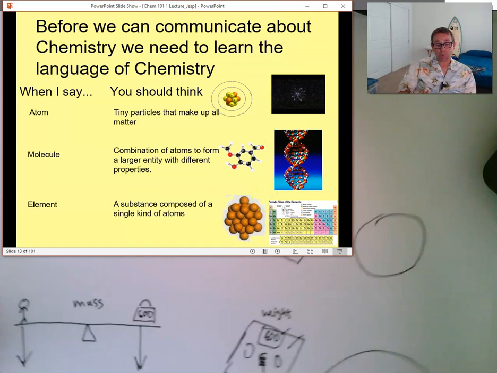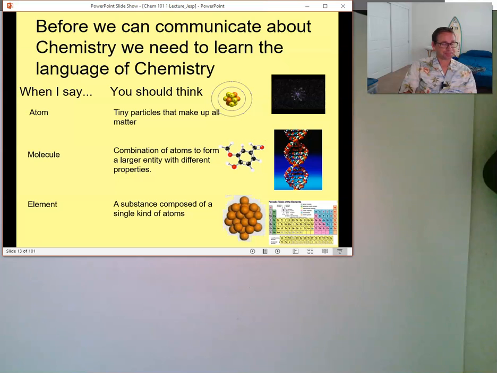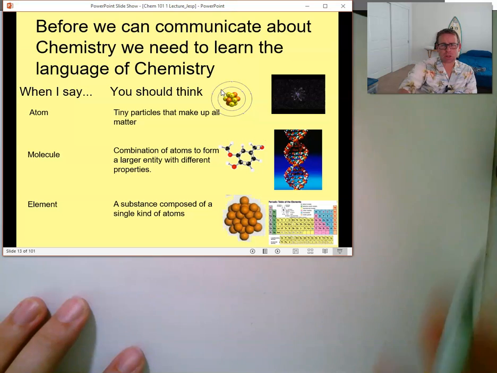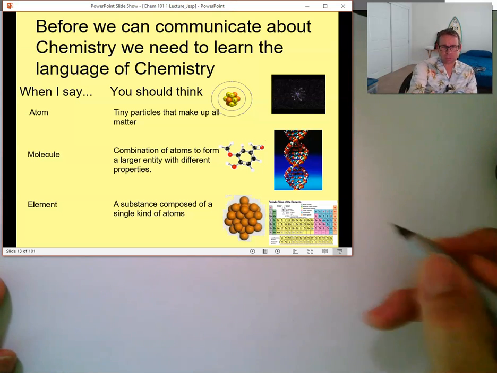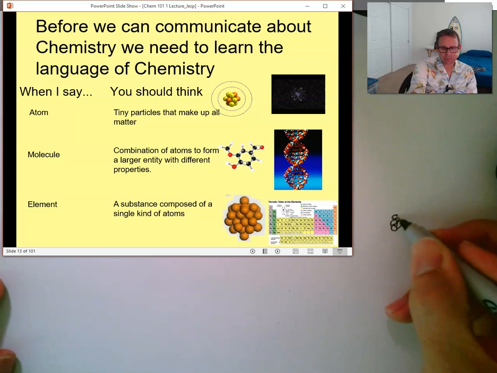Some other words that we want to be familiar with. Okay? An atom. We talked a little bit about the atom already. This is our model for the atom. Let's see how well or how much you've heard before. You don't need to have known this, but let's just see where you're at. Do you know what the middle part of the atom is?